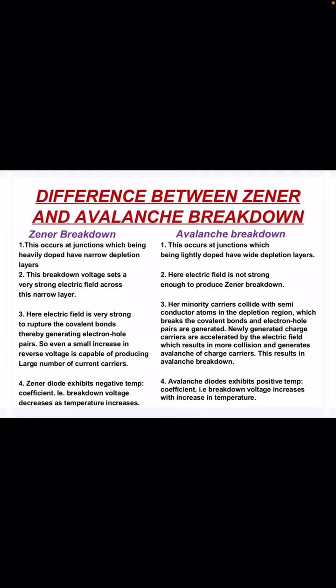What happens with that, how do we get a very high current? Because of this narrow depletion layer, the electric field will be very high through this layer. Because of this very high electric field, it is sufficient to break the covalent bonds and electron hole pairs are generated. So more electron hole pairs result in more current.